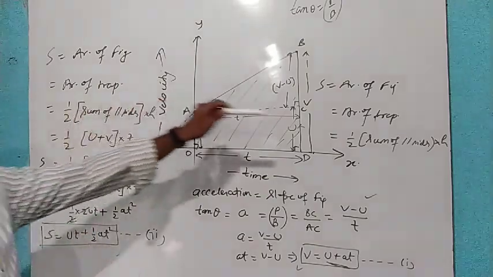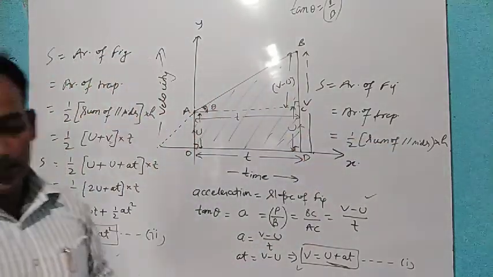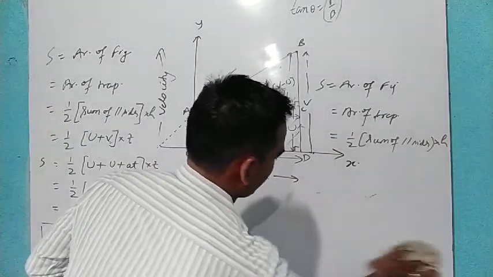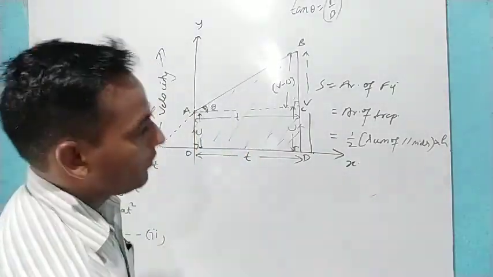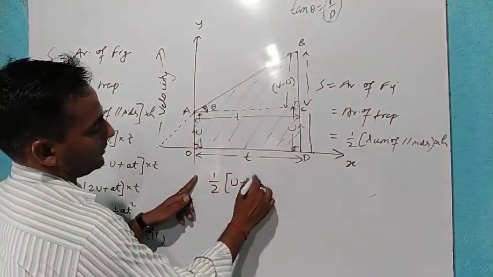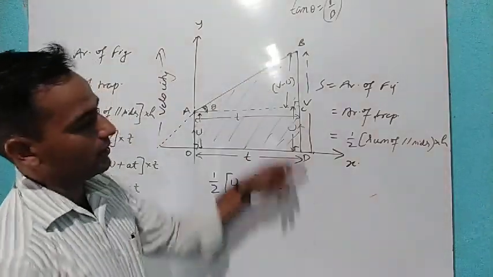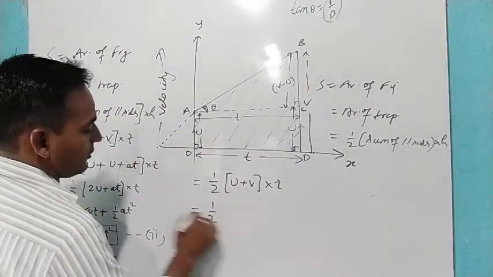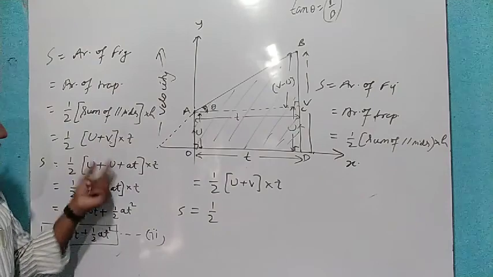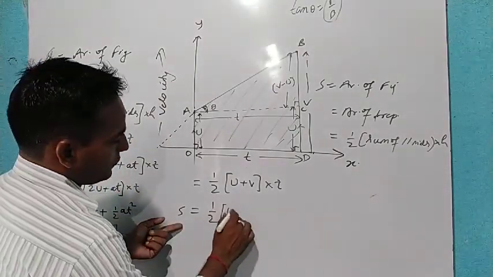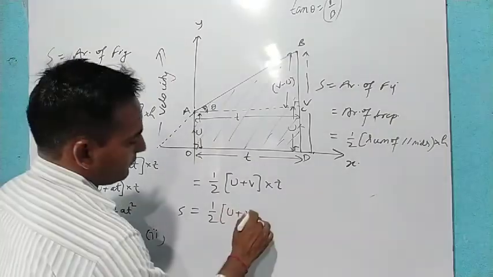For the second and third equation of motion, we will use the same things. And now, listen carefully. 1/2 sum of parallel sides, again u plus v, and time is perpendicular, that means height. For the second equation of motion, we have kept v is equal to u plus at. Now, u means u, v means v.